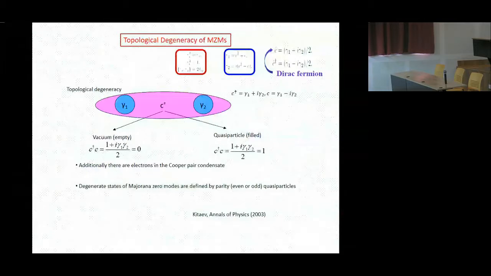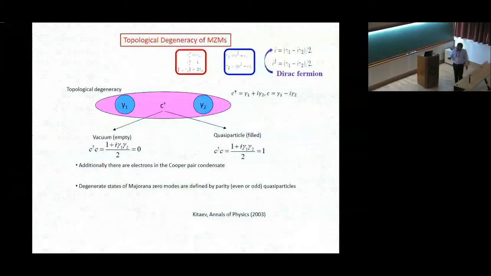The point that I want to drive home here is that a single Dirac fermion state, a conventional fermion state, can be viewed as a superposition of two Majorana zero modes, just as two spatially separated Majorana zero modes can be combined and viewed as a single conventional fermionic state.